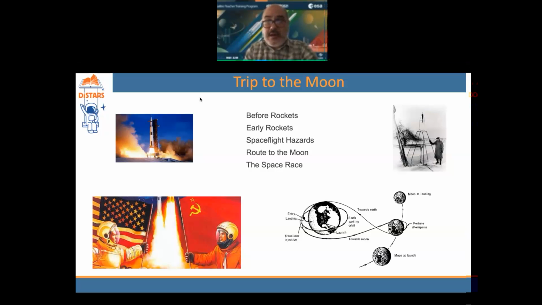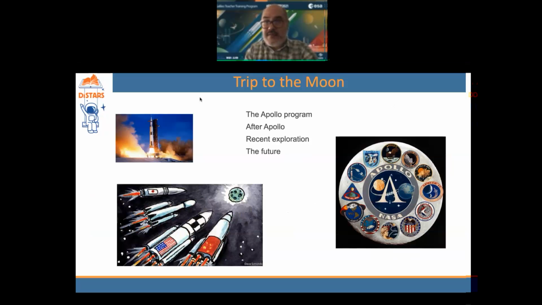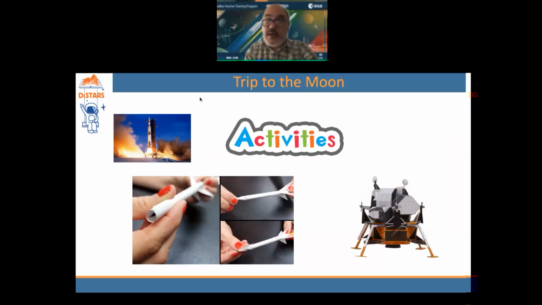So we tell this story in this booklet and how it developed from the first astronauts to the Apollo program, what happened after, and what is the future. So the new space race that Europe is part of. And so this is the subject of the second booklet, and also along with some fun activities for all ages.